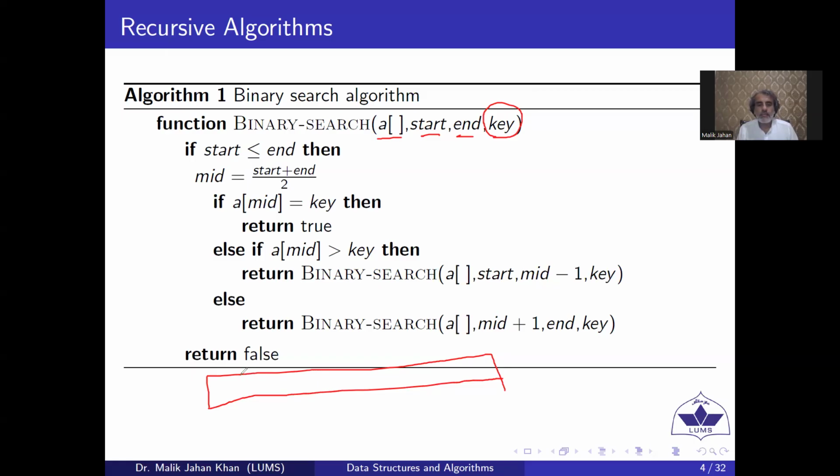So let's say we have this array of 1, 2, 3, 4, 5, 6, 7, and 8 locations. We know from our basic concepts of arrays in Java that the first index is indexed as 0. So then it's 1, then 2, 3, 4, 5, 6, and the last index is 7, which is size minus 1.